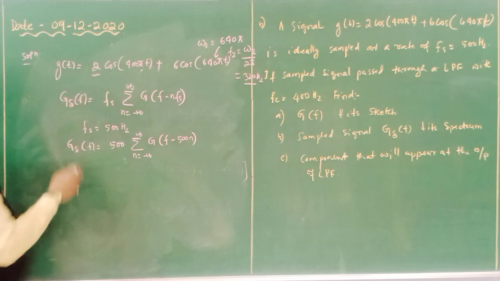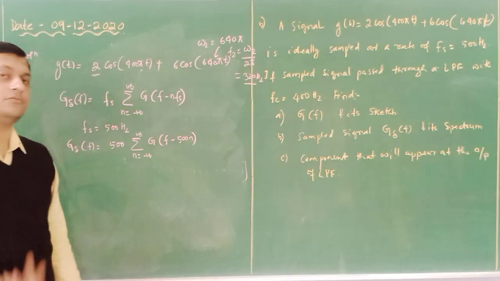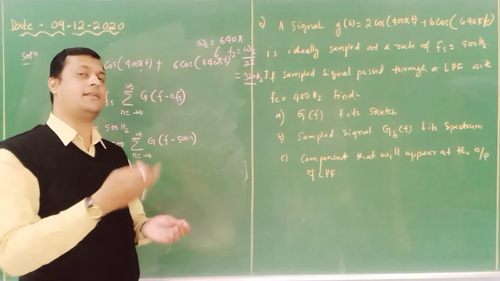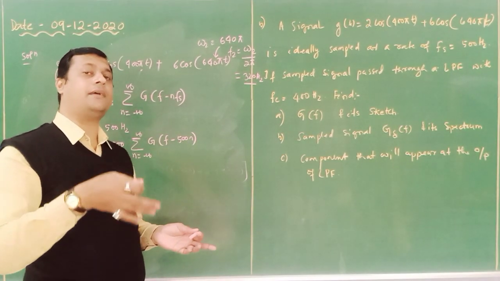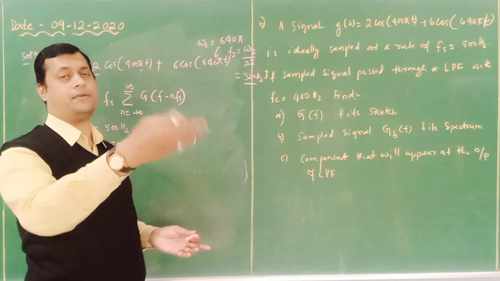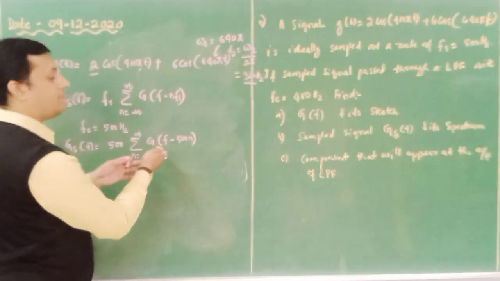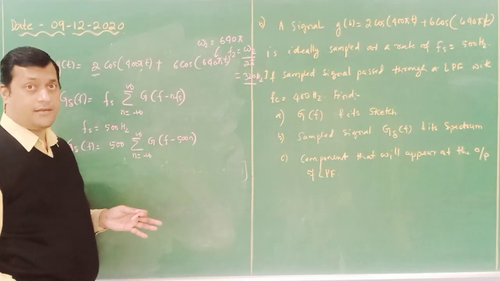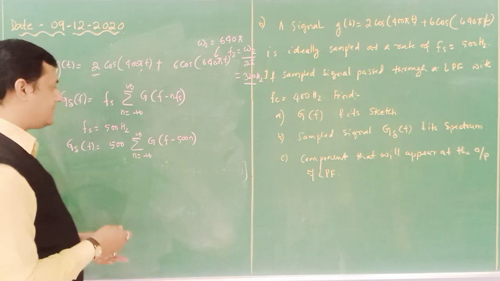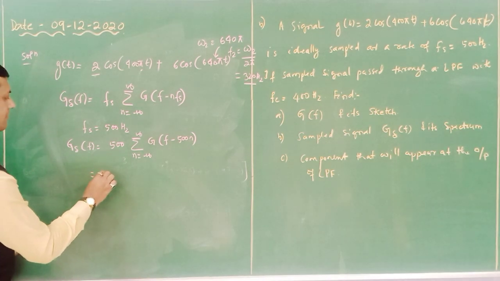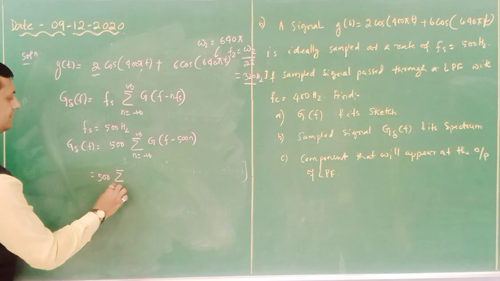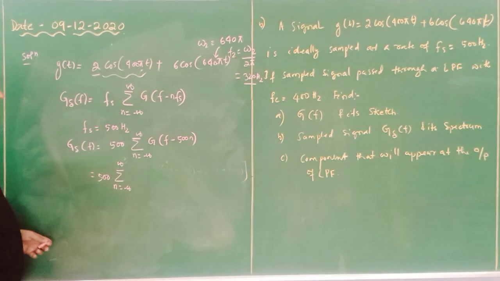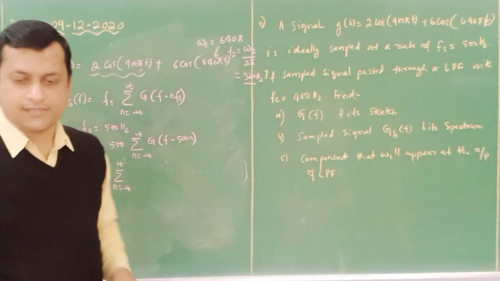Now we have g of f, that is del of f minus 200 plus del of f plus 200, one component. Another one, thrice of del of f minus 320 plus del of f plus 320. So that I need to substitute here. So that is f. Now f is shifted to f minus 500n. So what will be my components? So here I will write 500 summation n equals minus infinity to infinity for this particular component. So what will be my resultant value?